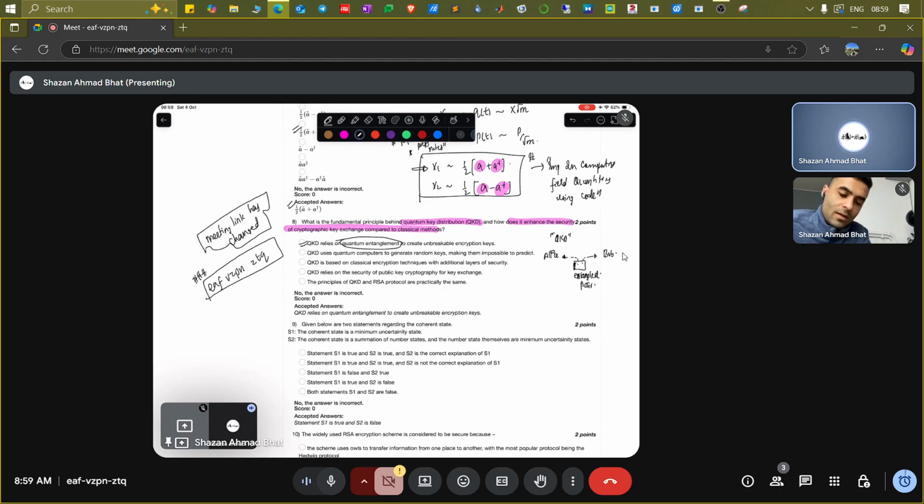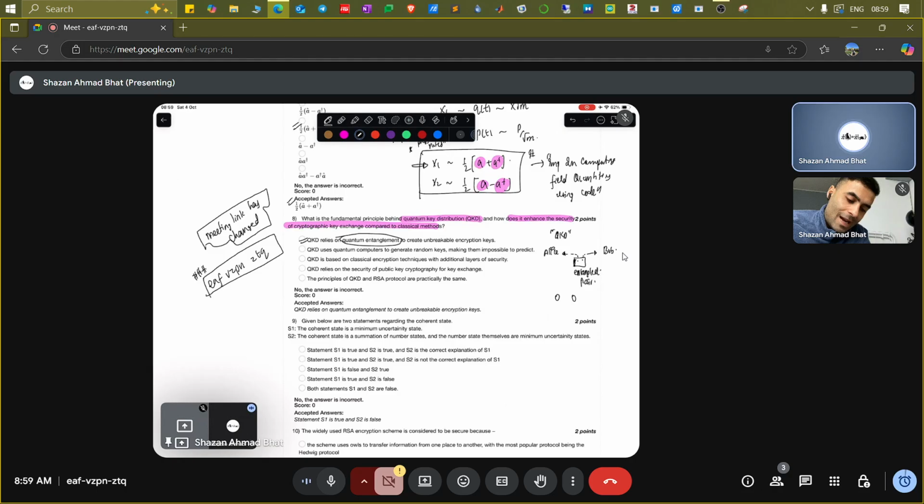I'll just try to briefly help you understand: if you have two photons and these two photons are entangled, what does this entanglement mean mathematically? That's a different thing. You can write it as 00 plus 11. This is the mathematical representation. How you arrive at it is a different story altogether. I'm just trying to give you the flavor.